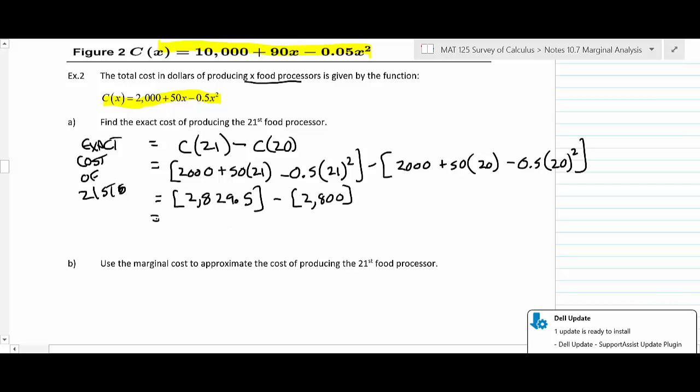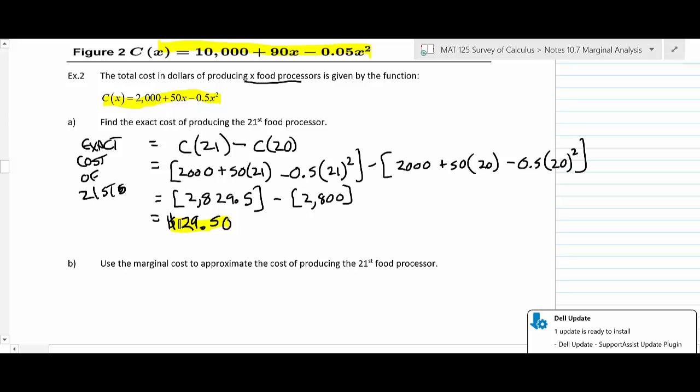Okay, and then we could just subtract the 2. So that's going to give $29.50. Okay, like that. That's the exact cost of producing that one food processor.